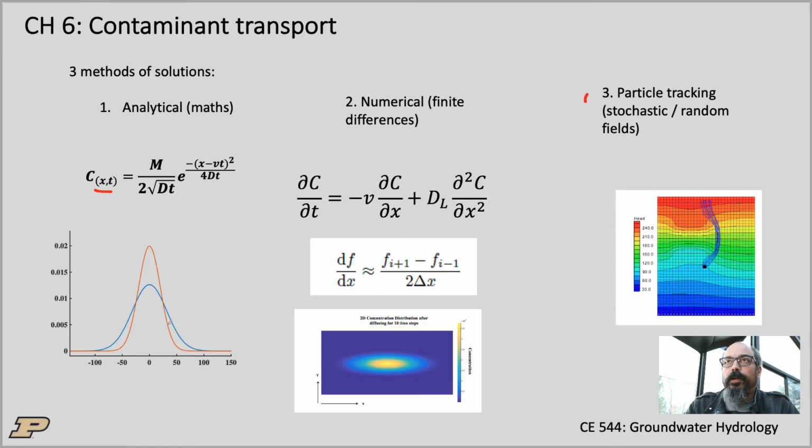Here in the middle, the numerical solution. Again, we've talked about those before. You might remember this from our FlowNet and finite difference solutions. Here we use the same tricks to find difference equations for these differential equations.